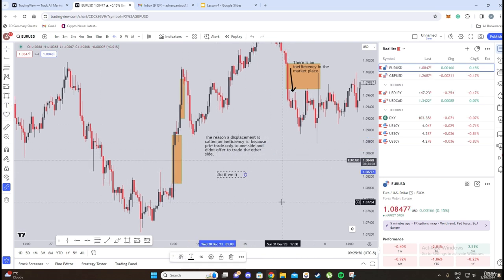So if we have a bullish displacement, that would mean price only delivered to the buy side and not the sell side.